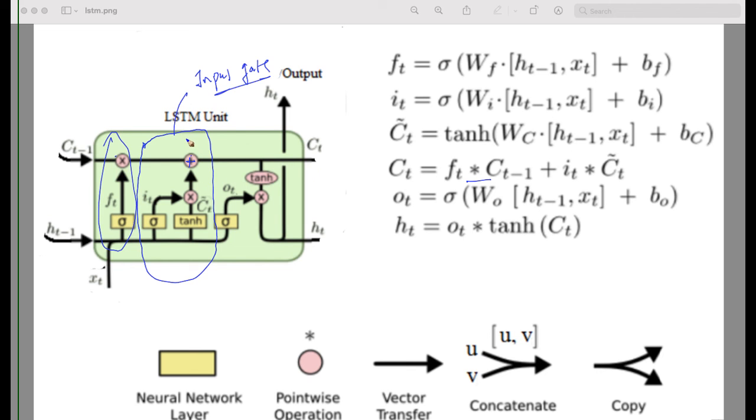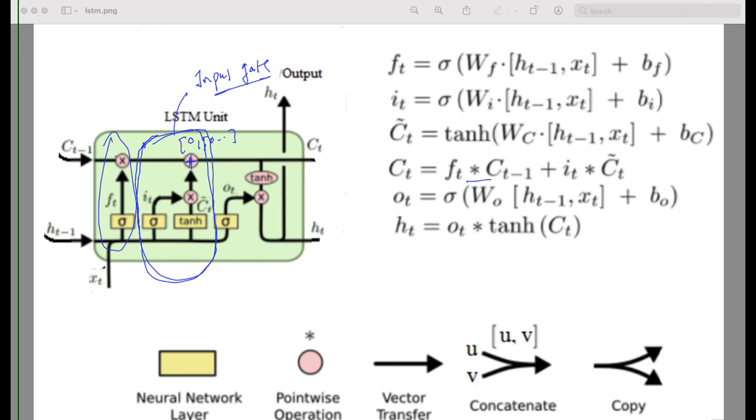If we put all zeros, that means we are not adding anything. This addition lets us decide how much should I add to this cell state. So that's why this is called the input gate. How much of the input should I add to this cell state? And here, how much of the previous cell state should we forget or retain? That's why it is called forget.